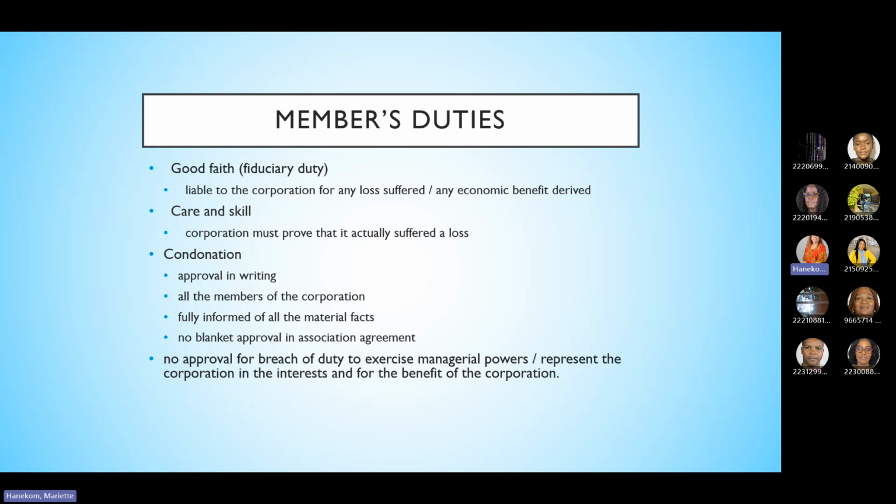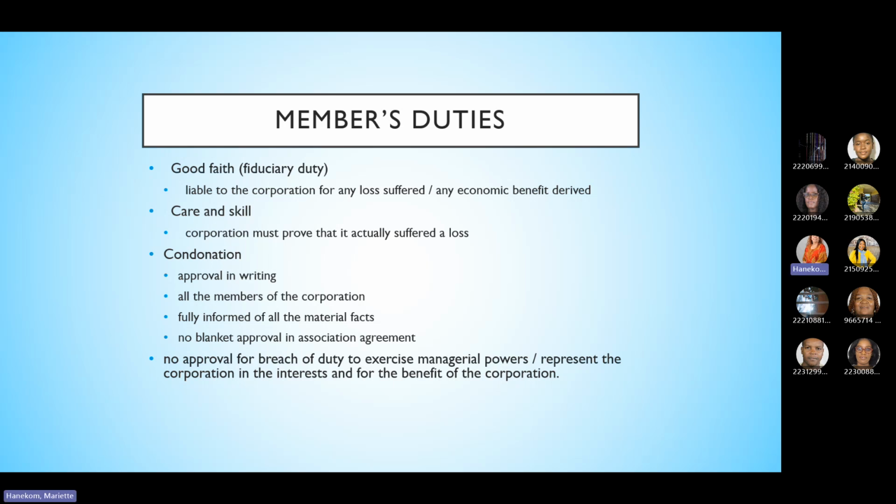What I'm saying very briefly is, you essentially know this. As is the case with company directors, members of a close corporation have both got a duty of good faith as well as a duty of care and skill.